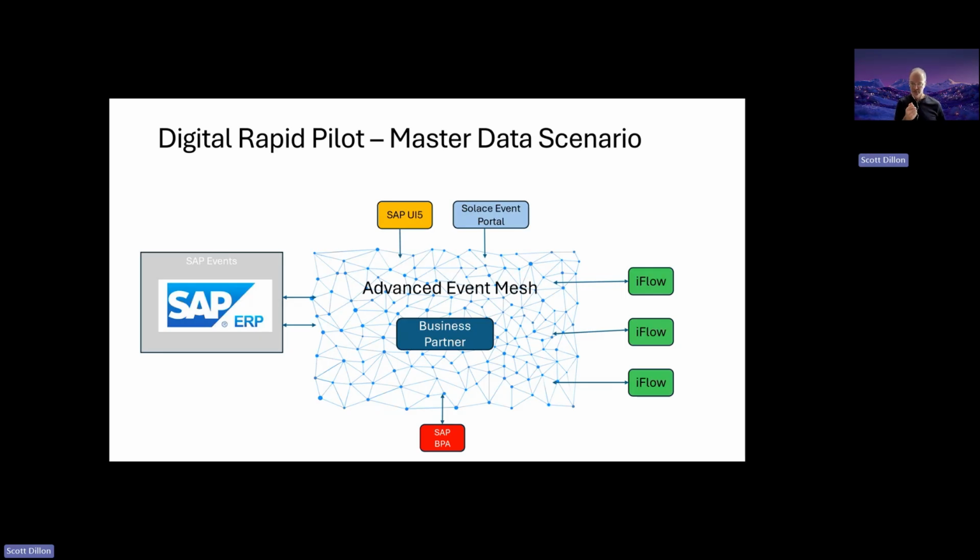So within the advanced event mesh, we have something called an RDP, a REST delivery point. And so what happens basically is you create a queue. This queue, which will be created, by the way, from the event portal, you'll push the configuration for this particular application.